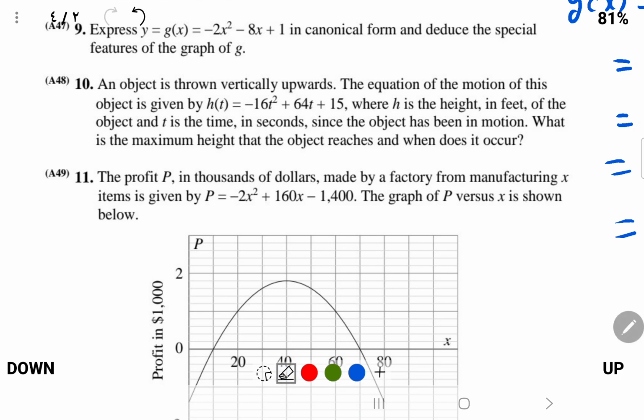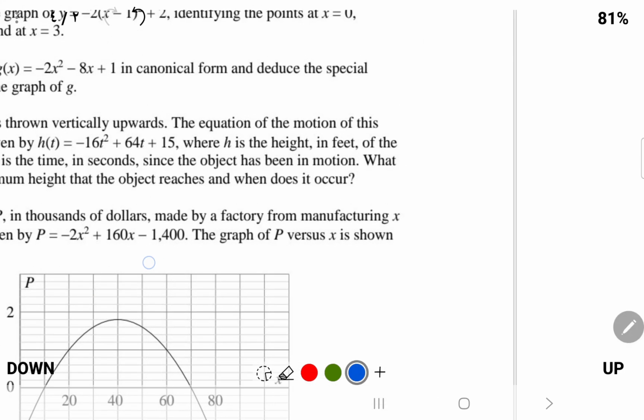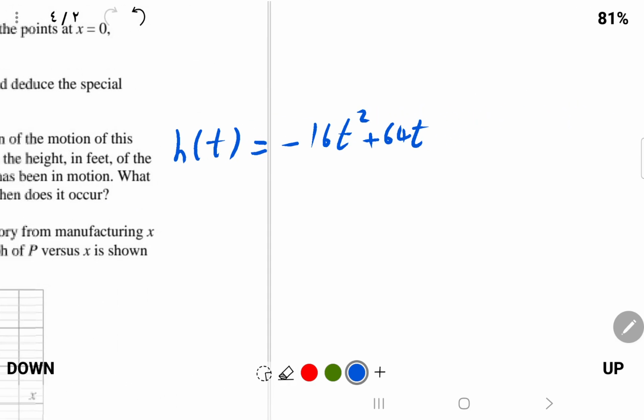Now to solve this question, first step you have to do is to write this equation in canonical form and then graph it. So let's write this equation in canonical form. h of t is equal to negative 16t squared plus 64t plus 15.